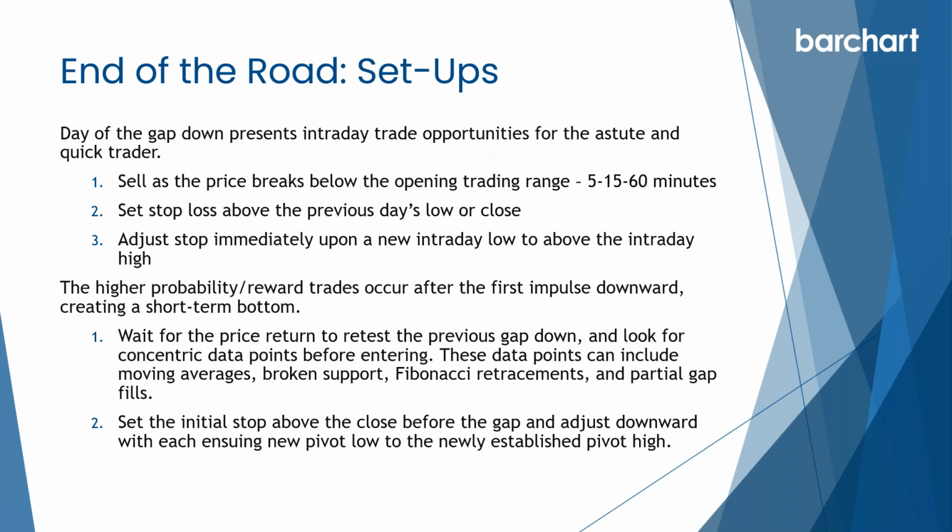And we're going to look for concentric data points before entry. Again, these data points could include our moving average, a retest of our moving average, a broken support, which I just showed you on those intradays. Fibonacci retracements are a really good tool to use, again with partial gap fills, but we could also look at some other technical analysis. I definitely want to show you those as we move through a couple of our examples here.